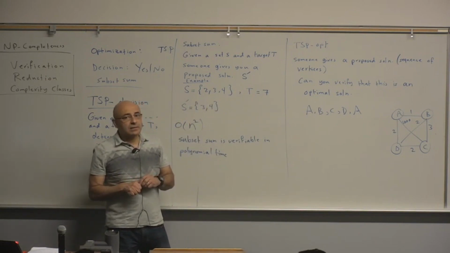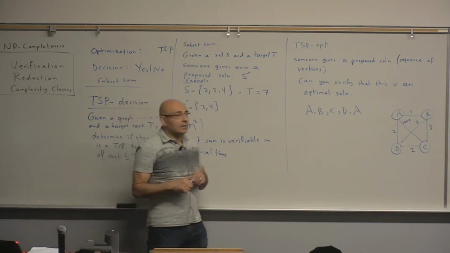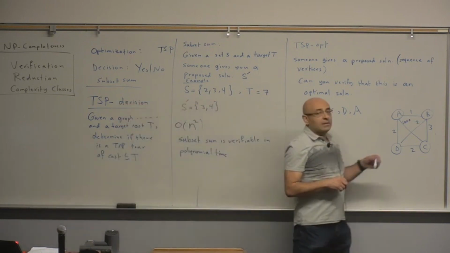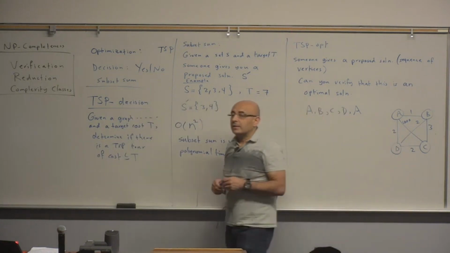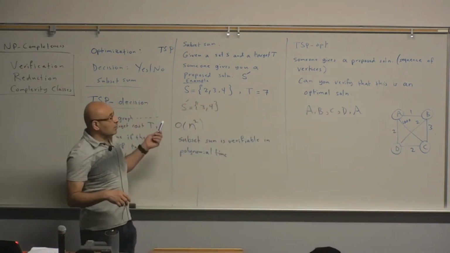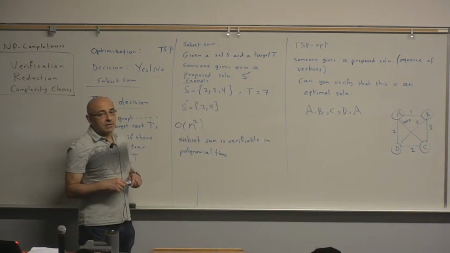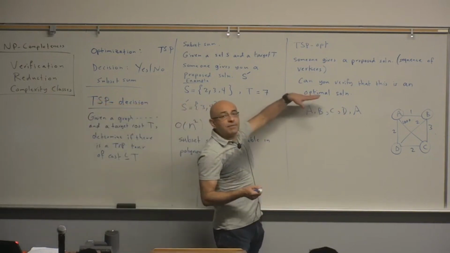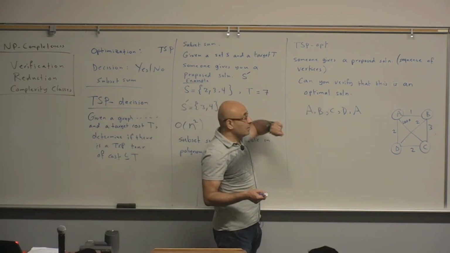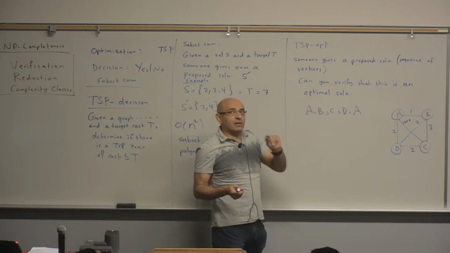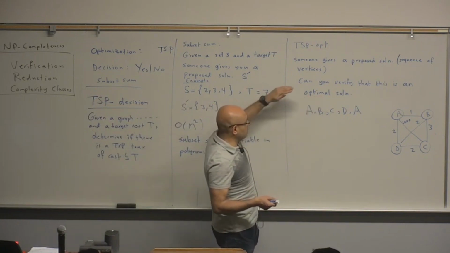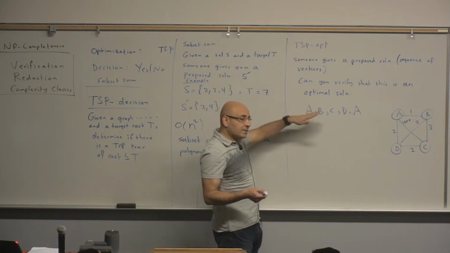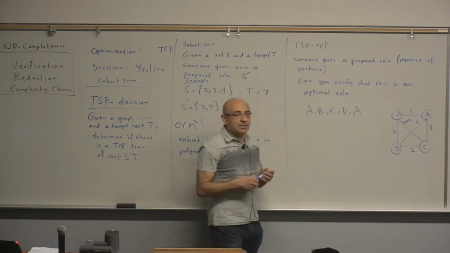You have to get the optimal solution from the TSP optimal and then check this proposed solution with that, and that would be a lot of. Well, and we don't know how to find the optimal solution, right? Yeah. So there is no way to generally verify that a given solution is optimal unless you solve the optimization problem itself.